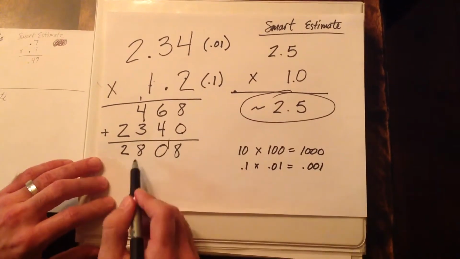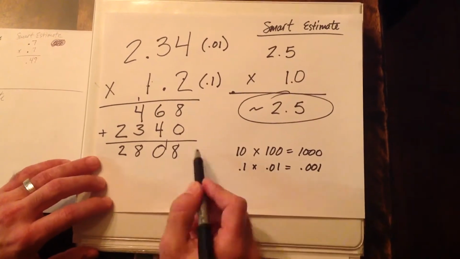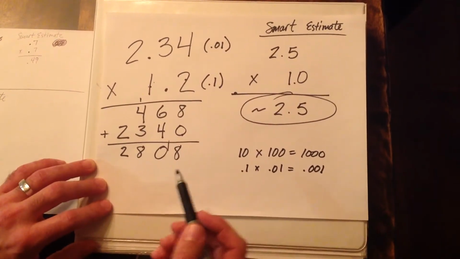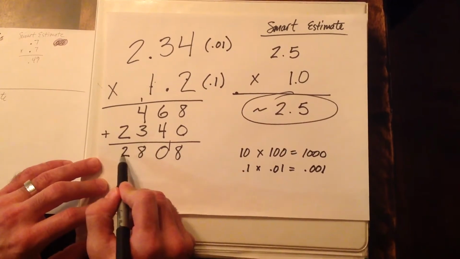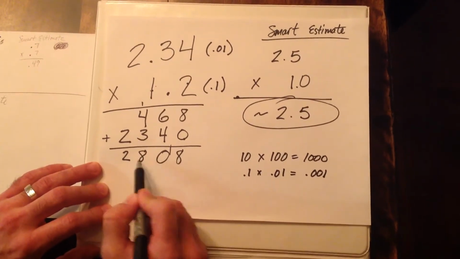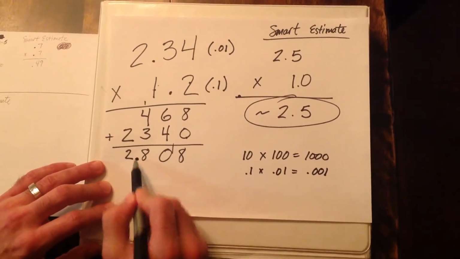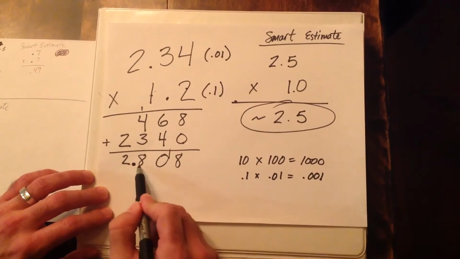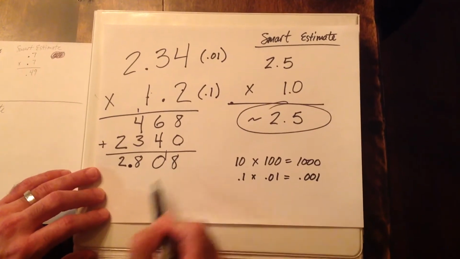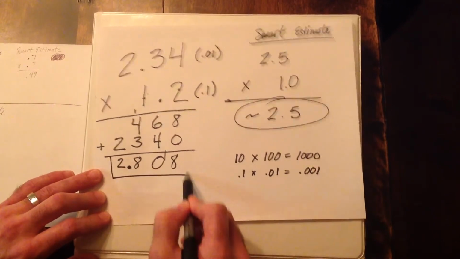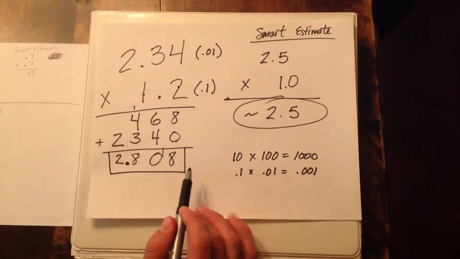So my product needs to have an answer that's in the thousandths. So I have thousandths, hundredths, tenths. If I put my decimal there, I have 2 wholes, 8 tenths, 0 hundredths, and 8 thousandths. So my product would be 2 and 808 thousandths.